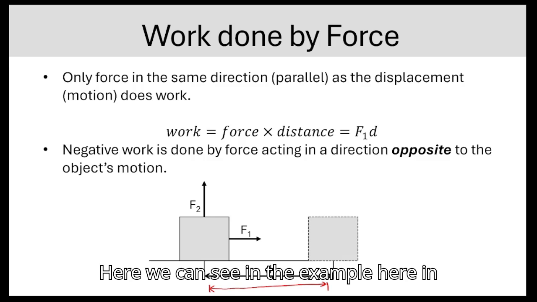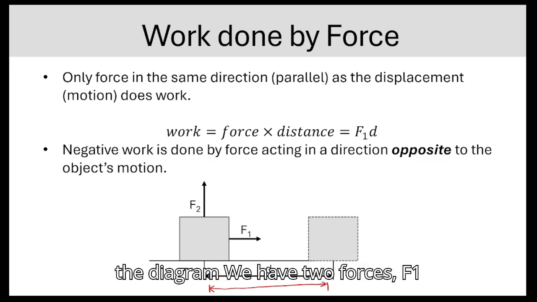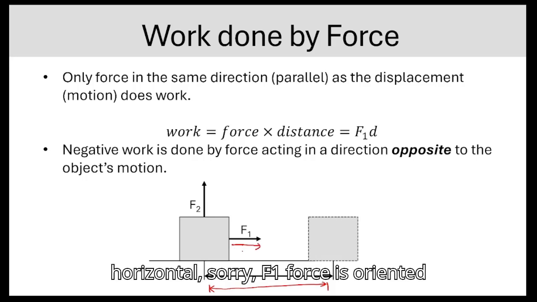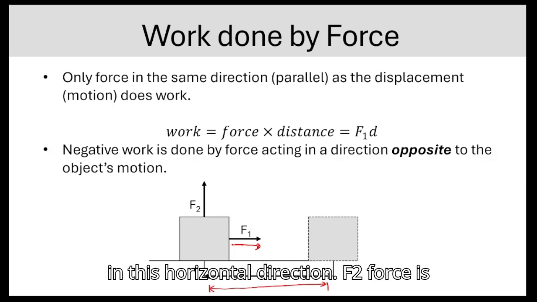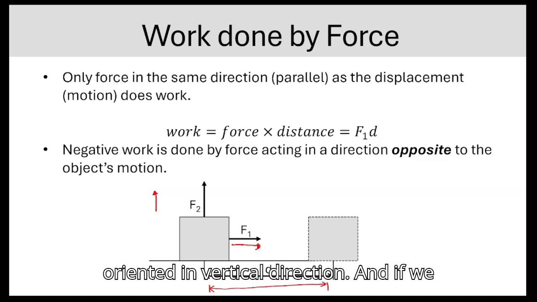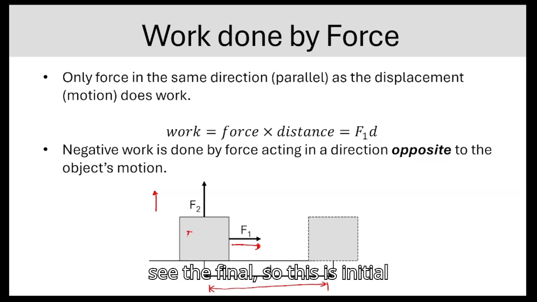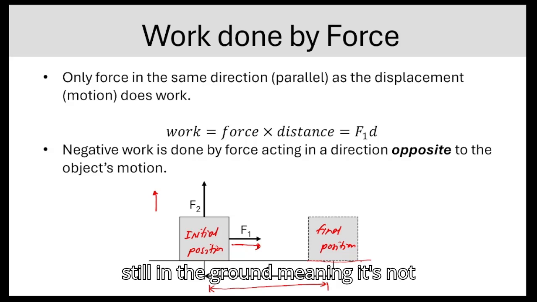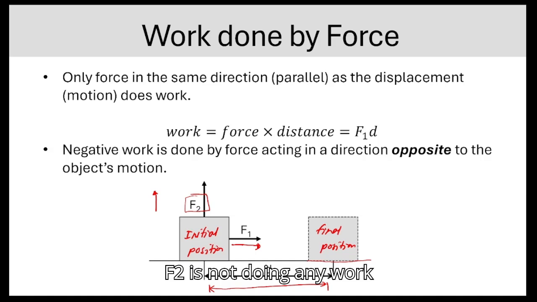Here we can see in the example, in the diagram, we have two forces, F1 and F2. F1 force is oriented in the horizontal direction, F2 force is oriented in the vertical direction. This is the initial position, this is the final position. We can see that the object is still on the ground, meaning it's not moving up and down, so the force F2 is not doing any work.